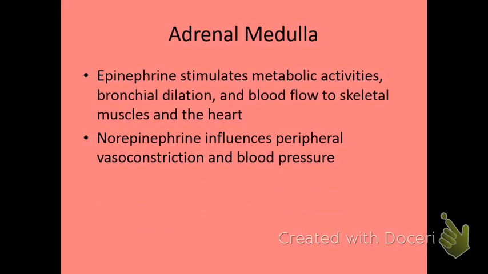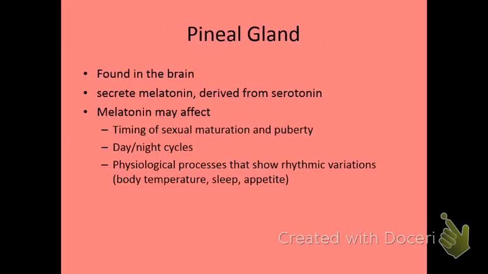This is the counterpart to the parasympathetic nervous system, or the sympathetic nervous system, excuse me. Epinephrine stimulates the metabolic activities, increases your bronchioles so that you can breathe better, and increases blood flow to the skeletal muscles and the heart, and norepinephrine influences the peripheral vasoconstriction and blood pressure, increases your blood pressure so that your heart can function and push the blood around much faster.